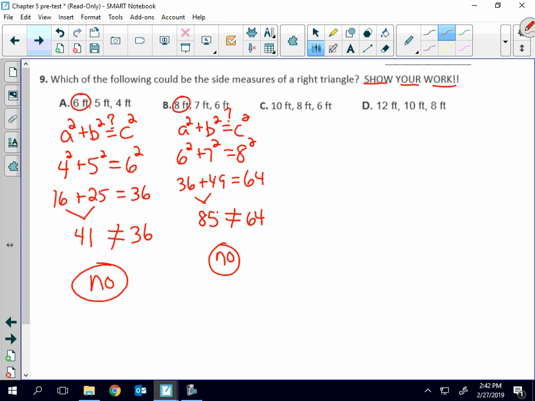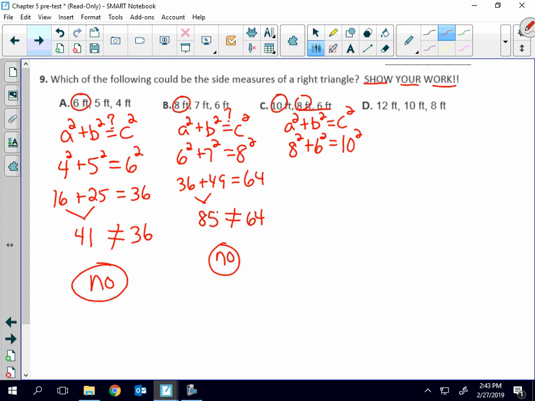Now C. Here's the C. These two are the A and B. I'll do it a different way just to show you. Let me write this down first: A squared plus B squared equals C squared. You can do 8 as A, it doesn't matter, as long as the C is the biggest number.